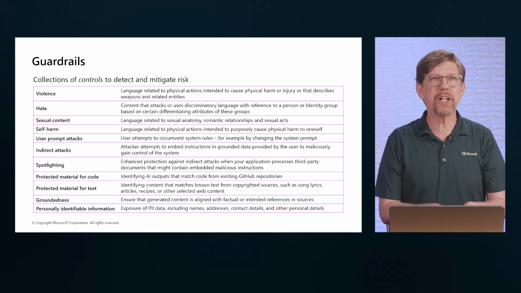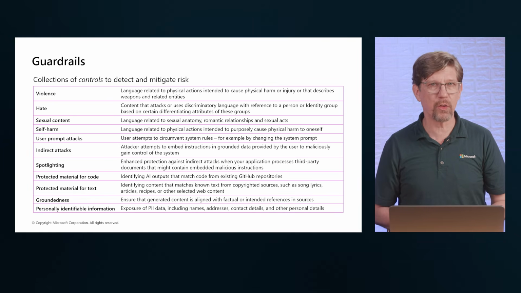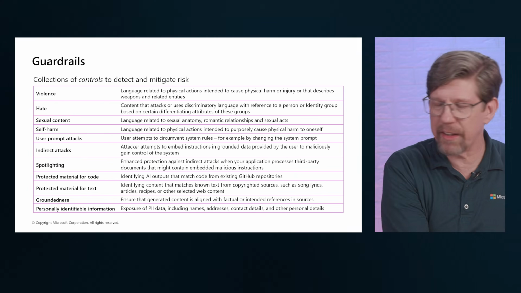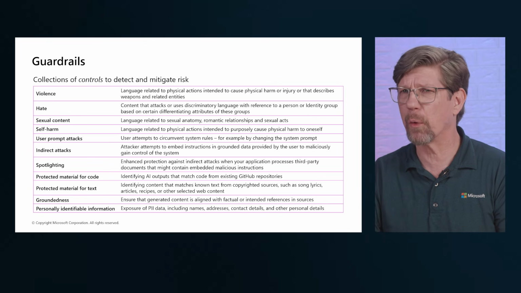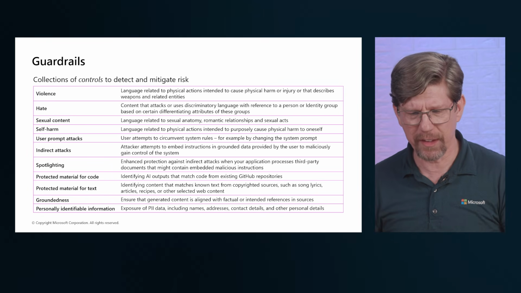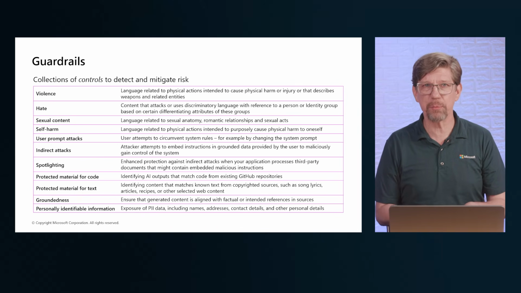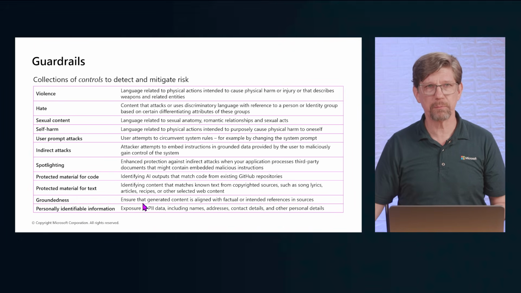Are we measuring for groundedness? Right, these are part of our automated features that we can look for. Is it really coming back based upon our reality, or is it making up more random, more invented content? And also, does it include personally identifiable information? These are all areas that we can look at and mitigate using those safety tools.